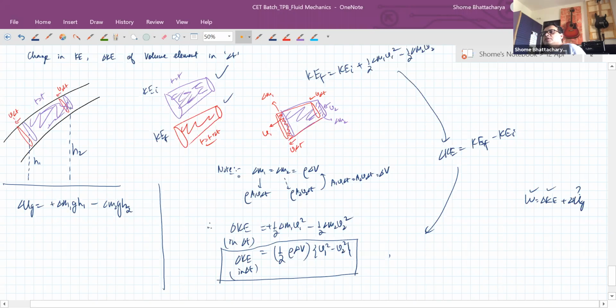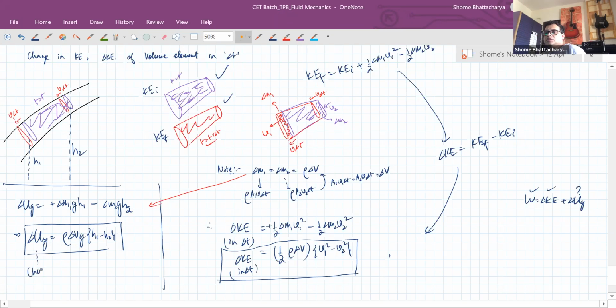Okay. So again we use this relation over here, that delta m1 is equal to delta m2. So doing that, we can see that the change in gravitational potential energy becomes density into that sectional volume delta V into g into (h1 minus h2). So this is the change in gravitational potential energy in time delta t.